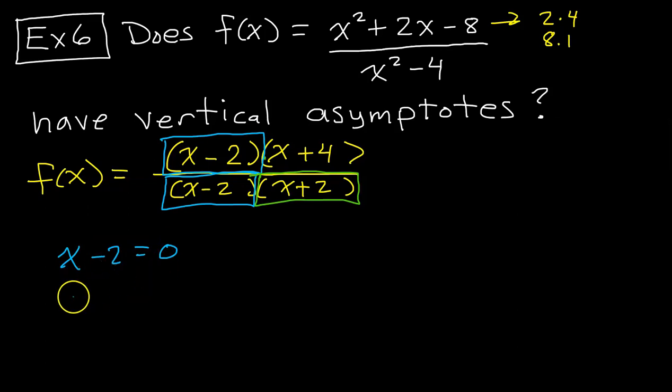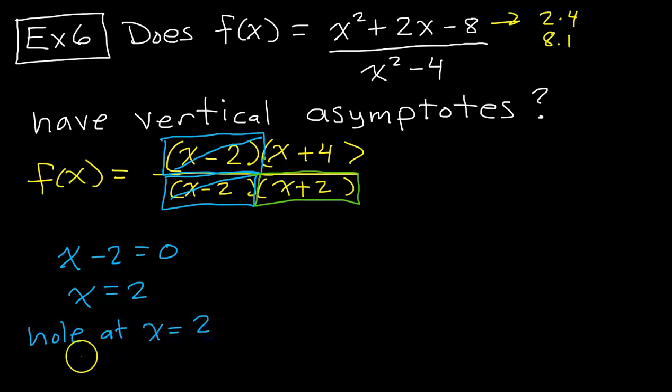So adding 2 to both sides, I'm talking about a value of x equals 2. So the bottom line is when you have a factor in the numerator and the denominator, that is not going to be a vertical asymptote. There is a hole at x equals 2, but there's not a vertical asymptote.